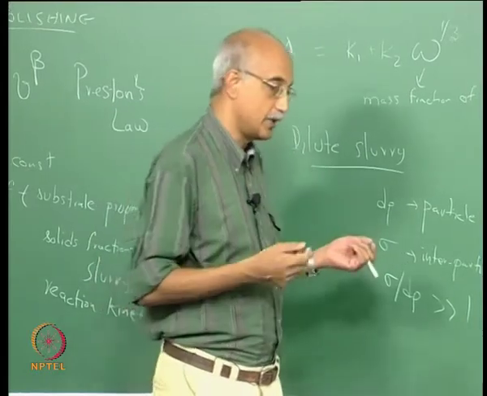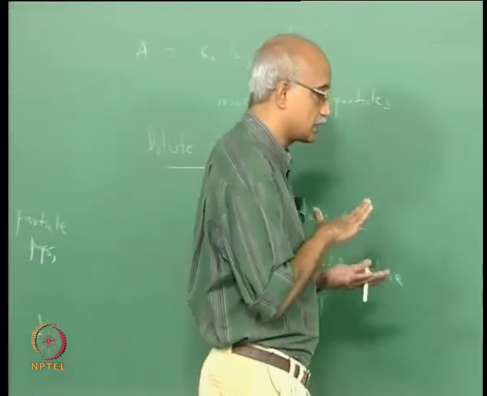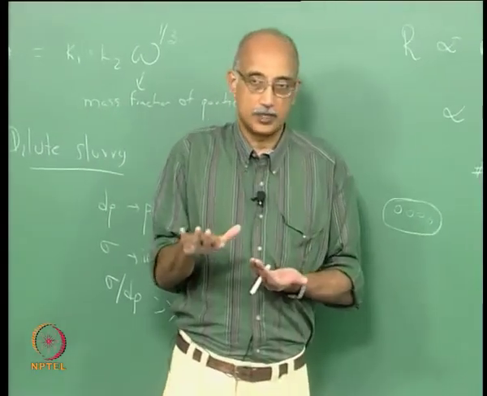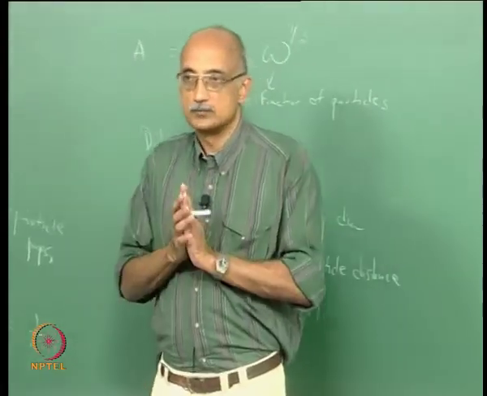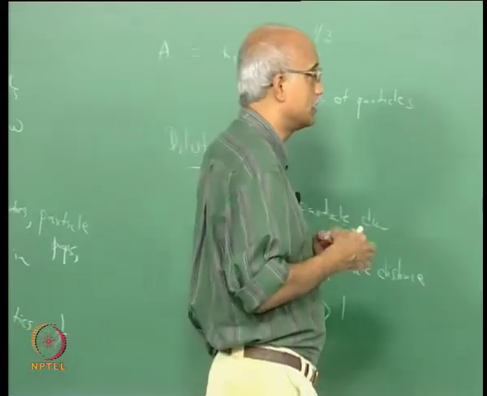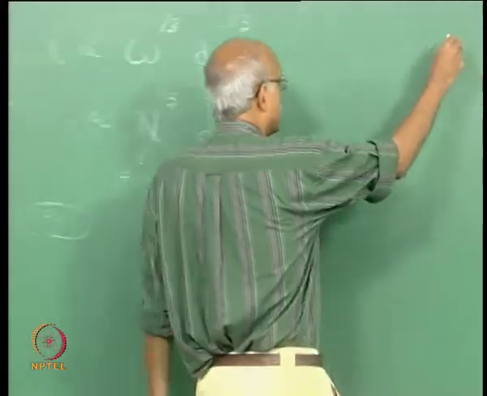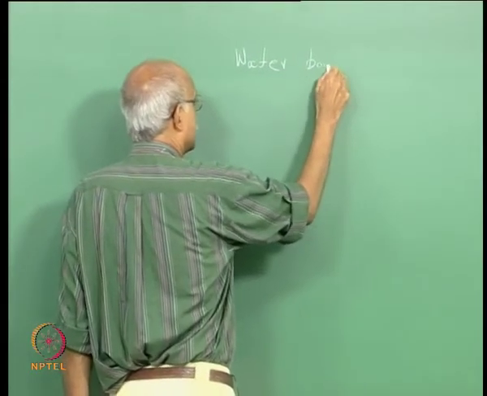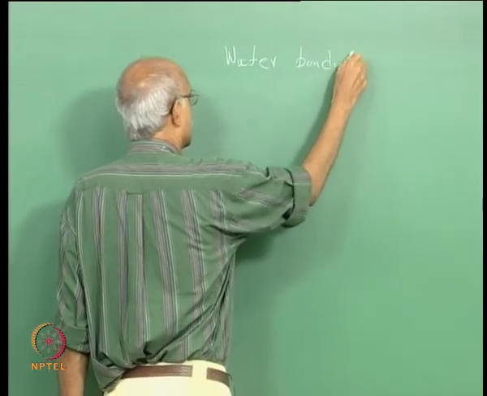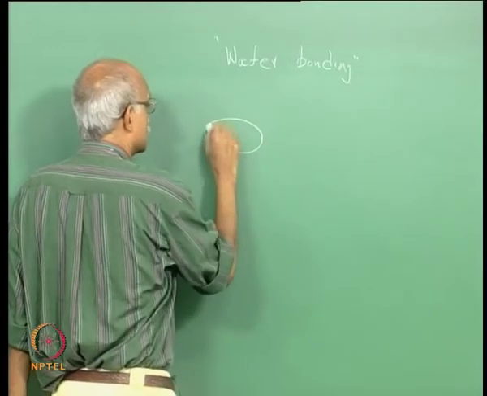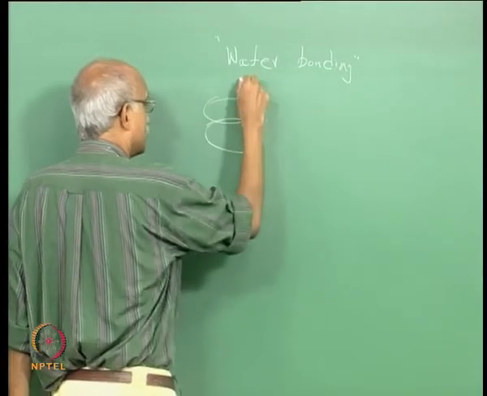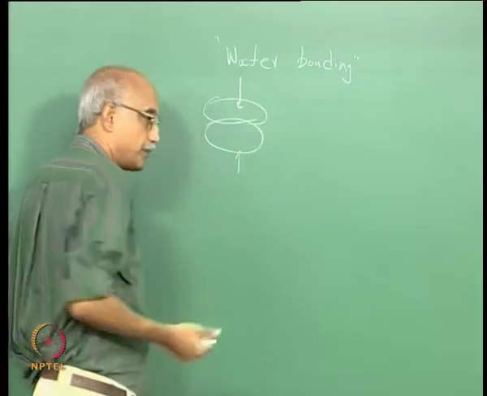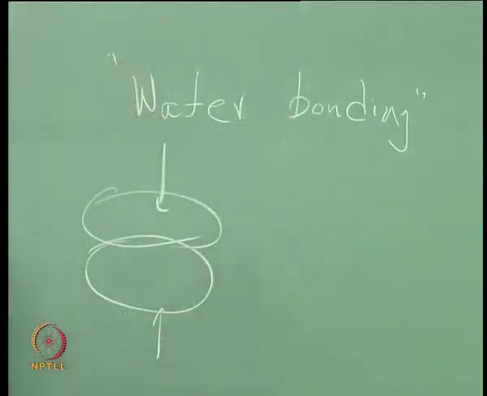In fact, in the semiconductor industry, one of the first things that happens after polishing of a silicon wafer is called wafer bonding. Now, wafer bonding is a process by which two wafers are pressed together. So, you have one wafer and another wafer, you essentially press them together so that the polished surfaces are in contact.